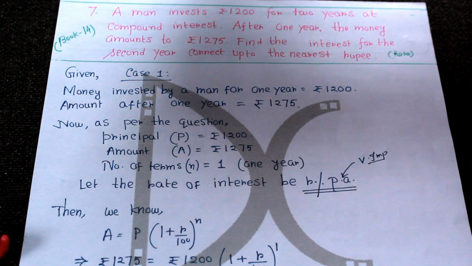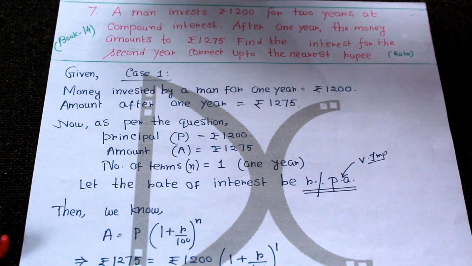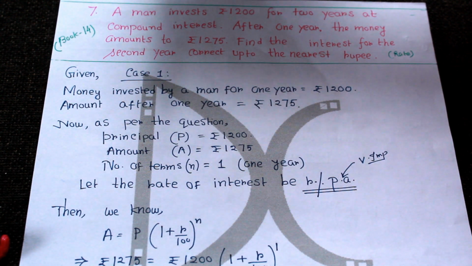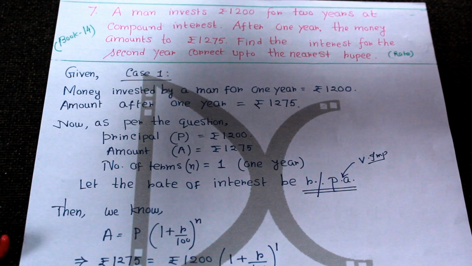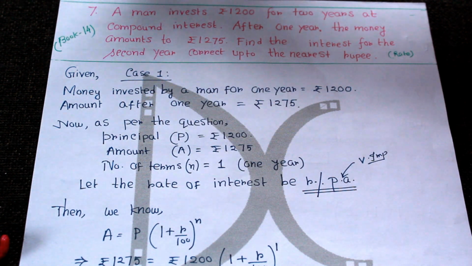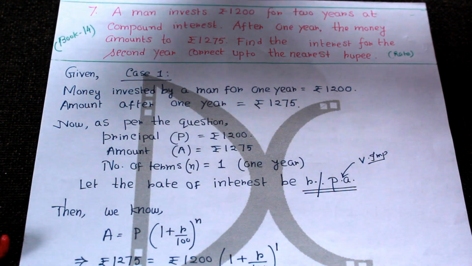But is the rate given in the question? No. By the given conditions we will have to first find the rate. Then by using that rate we will find the CI for the next year. That we can find using the formula or by the manual method which we learned in the previous exercise. Let's see what they have given and how to do it.